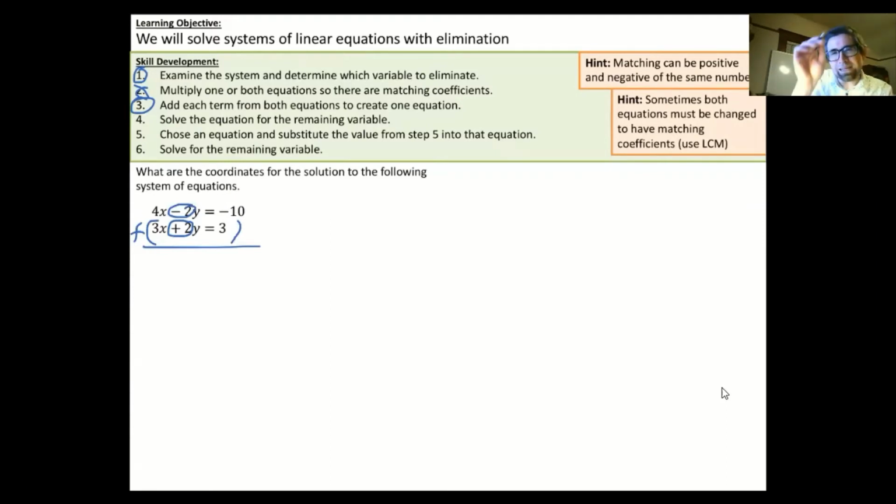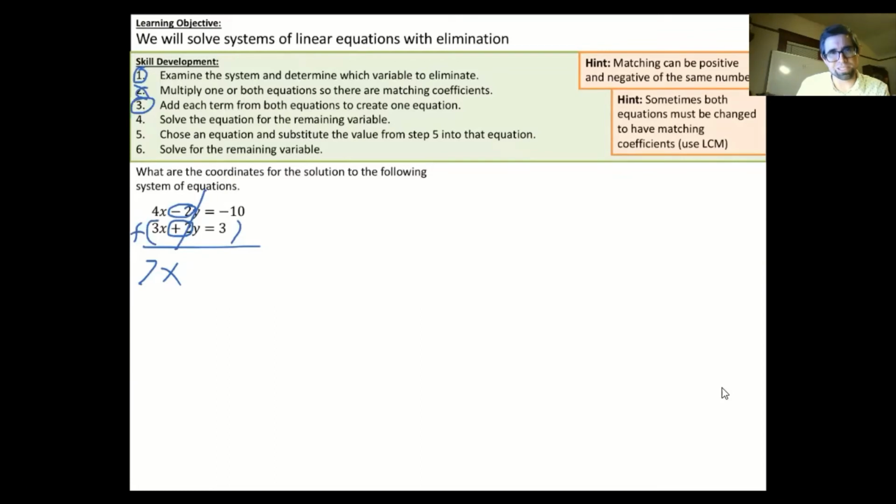I'm adding vertically: 4x plus 3x gives me 7x. I need to add the x variable with the other x variable. Same thing with y: -2y plus 2y is 0y. Instead of writing 0y, which can lead to some confusion, I'm just going to put a slash through it showing that they are canceled out.